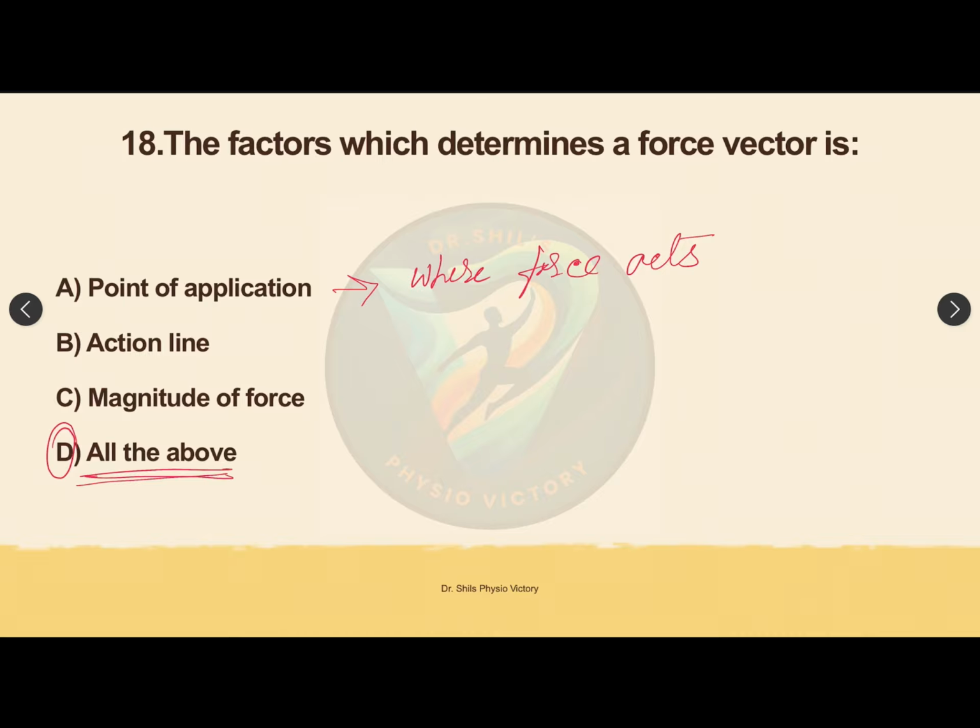Example, tendon insertion. Two, action line or line of action, or the direction, which is orientation of force.